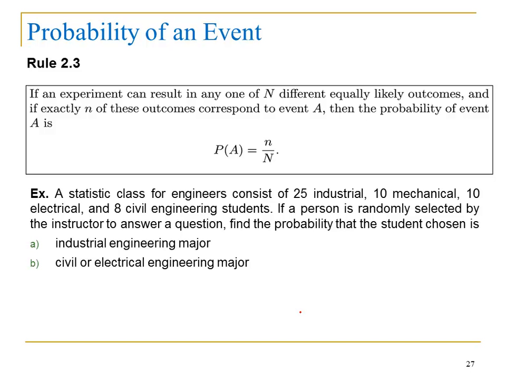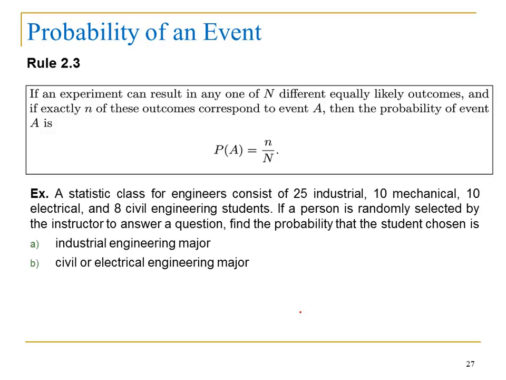Okay? Now let's look at this example. A statistics class, just like this one, for engineers consists of 25 industrials, 10 mechanicals, 10 electricals, and 8 civil engineering students. If a person is randomly selected by the instructor to answer the question, find the probability that the student chosen is an industrial engineering major.